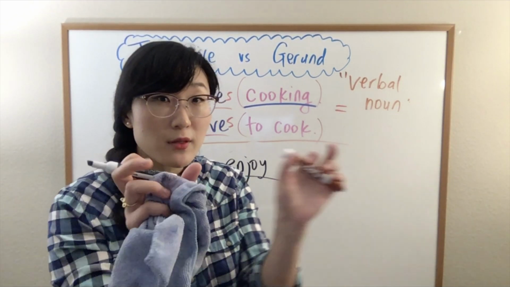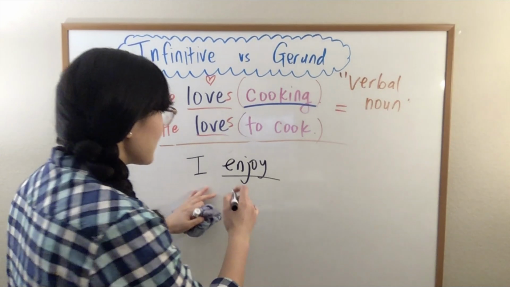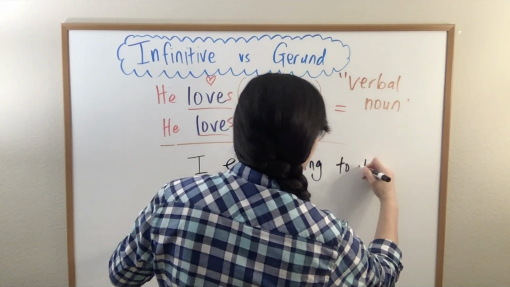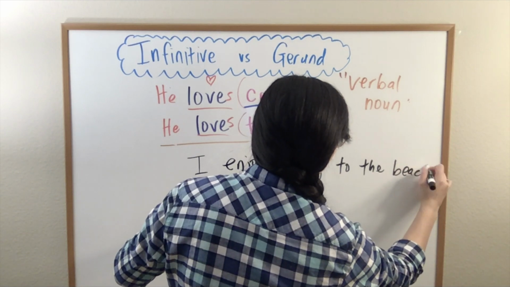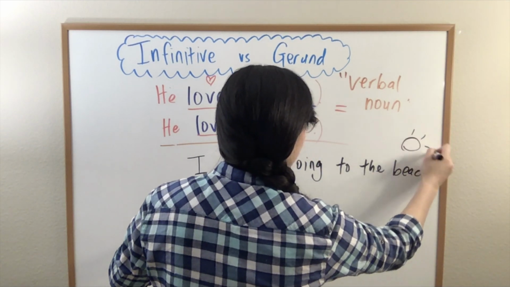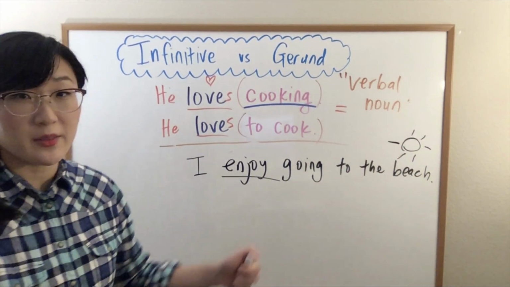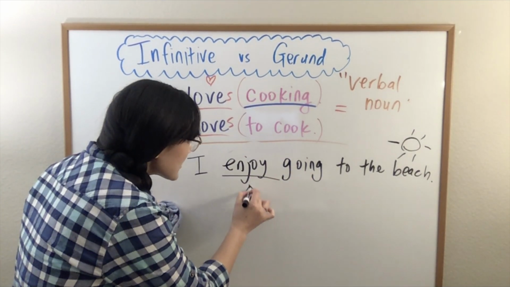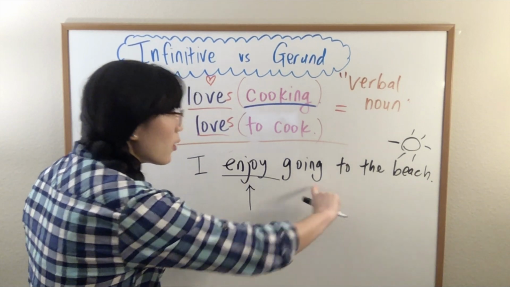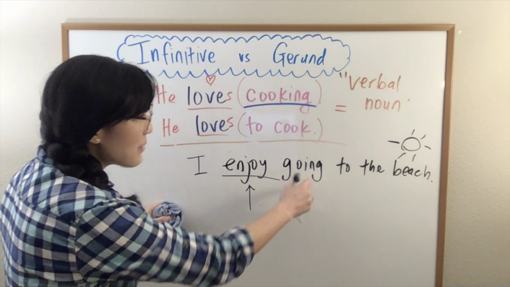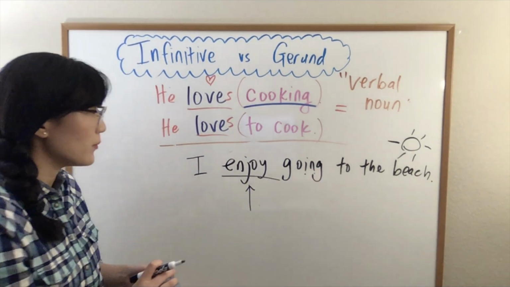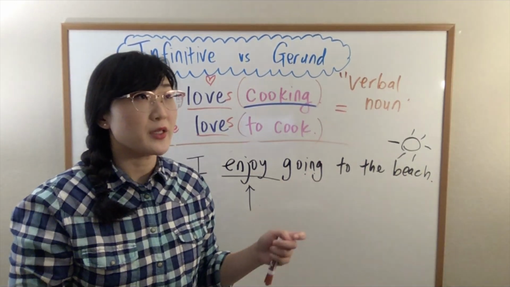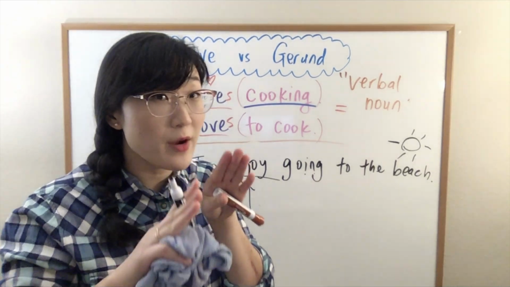Okay, if I want to put those two ideas together, I could say I enjoy going to the beach, right? It is sunny California, so I enjoy going to the beach. But this is the verb that tells me that whatever verb or noun that I add after, I must have it in the gerund form. Of course, if I say I enjoy to go to the beach, grammatically it is not correct, but you understand what I'm saying, right?